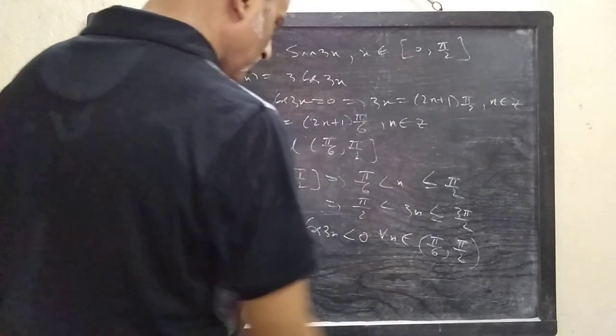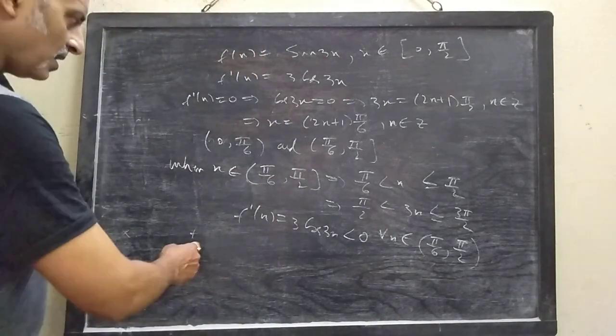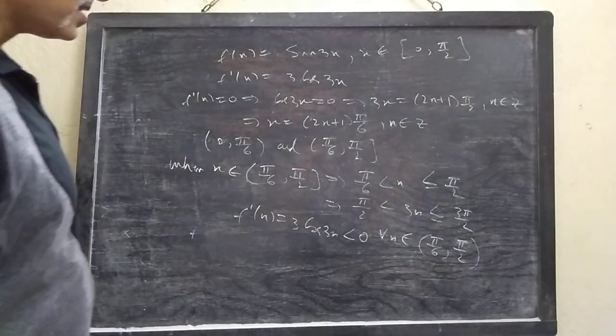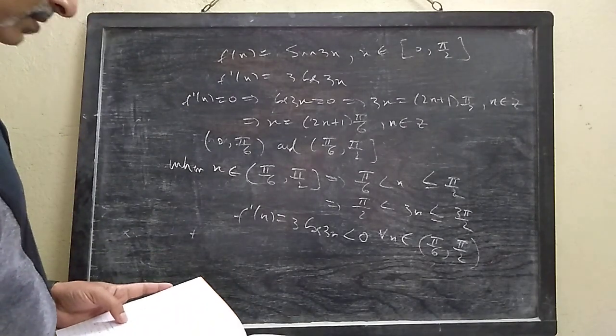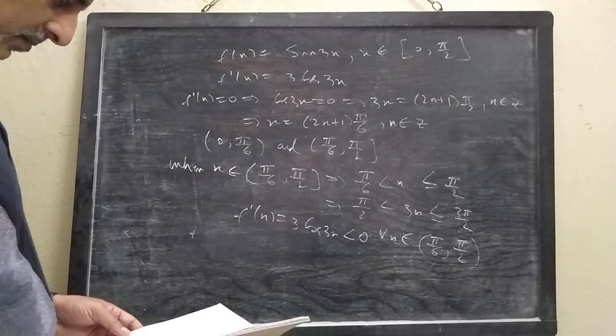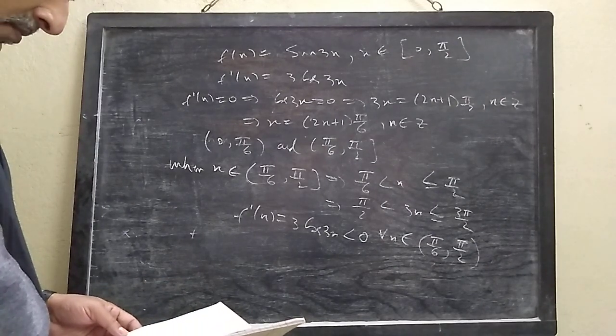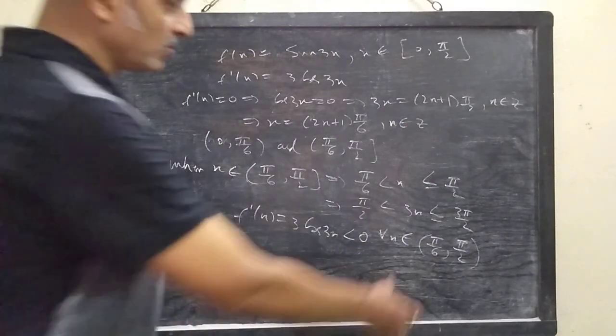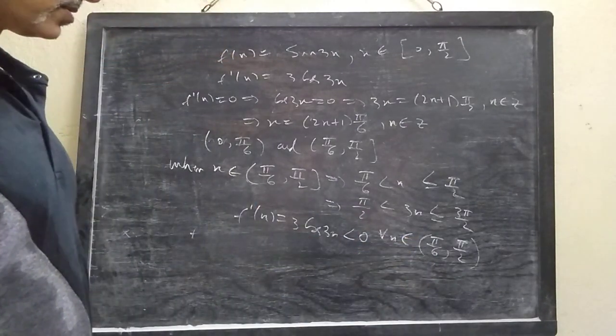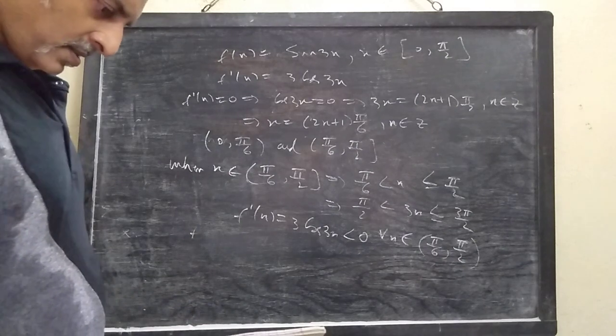So you can say f(x) is strictly decreasing in pi by 6 to pi by 2 open, and it will be decreasing in the closed interval pi by 6 to pi by 2 as well.